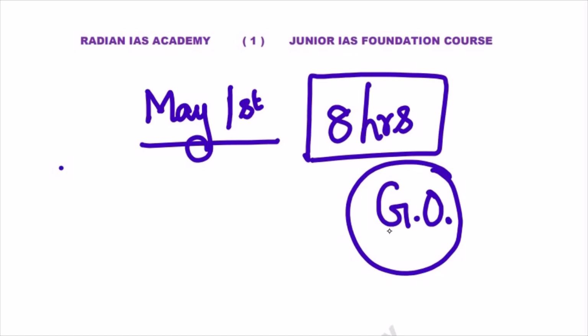The abbreviations are most important. Yes, GO means government order. Which state government recently issued a GO allowing industries to make workers work 12 hours per day? Very good. Tamil Nadu. Which standard, Nikhil, are you? Nikhil, 9th standard. Okay. You are answering the question.